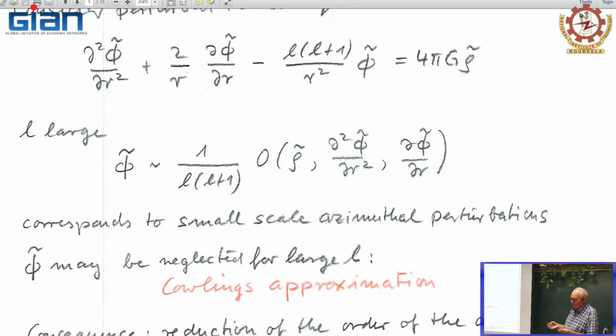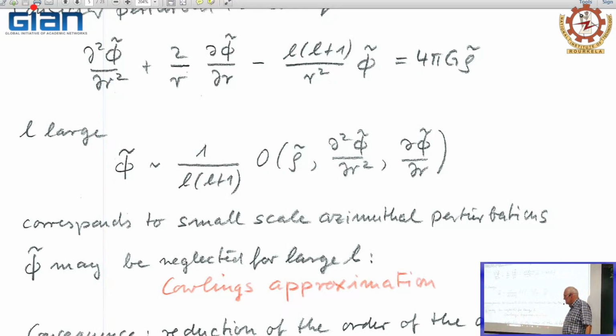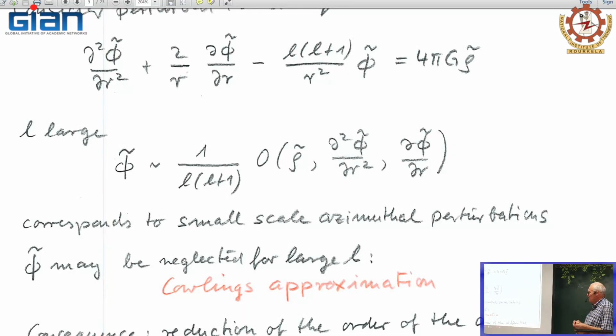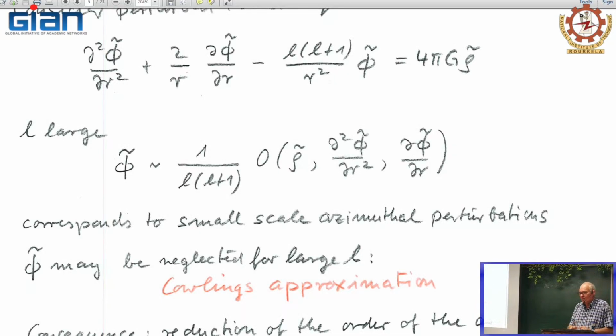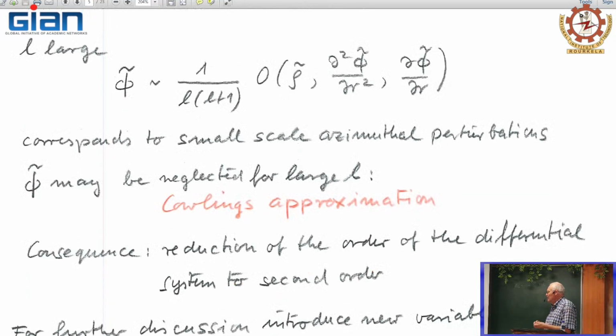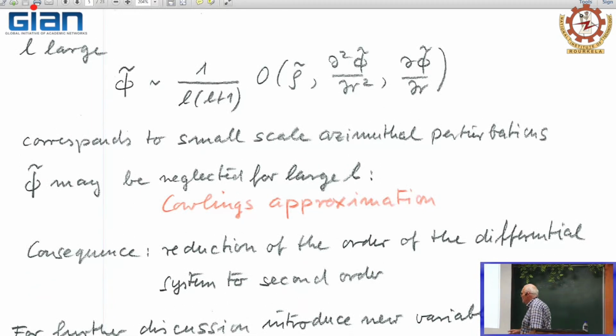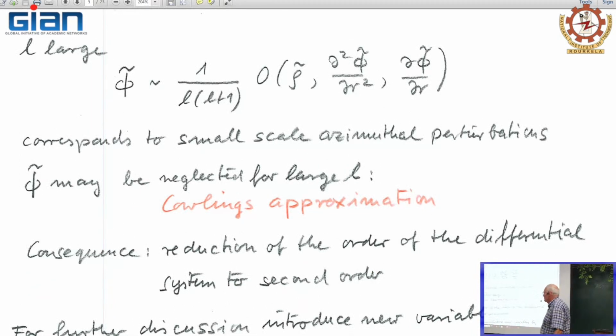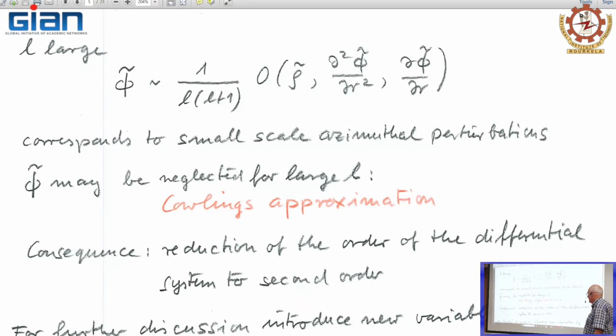Once you are interested, of course, in very precise measurements, then you should, at least for low harmonic degree pulsation, just for accuracy, not apply Cowling's approximation. Okay, the nice consequence is that we will have less work because the order of the differential system is then reduced to second order.